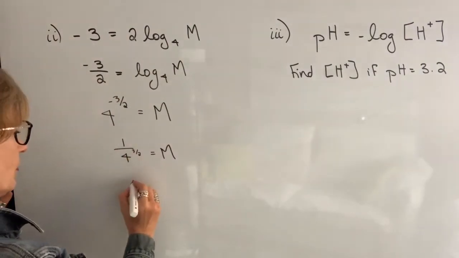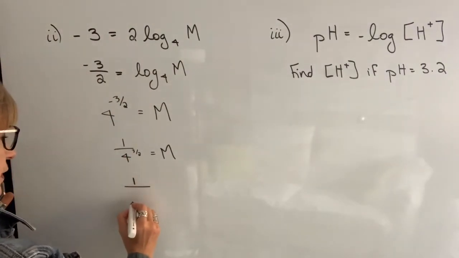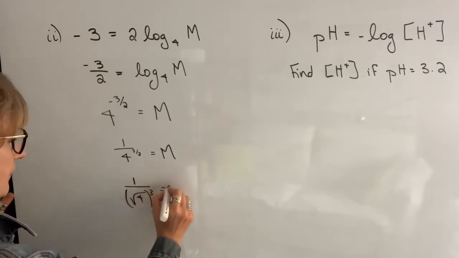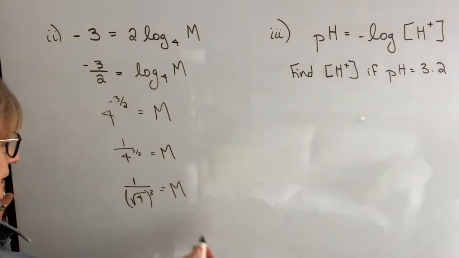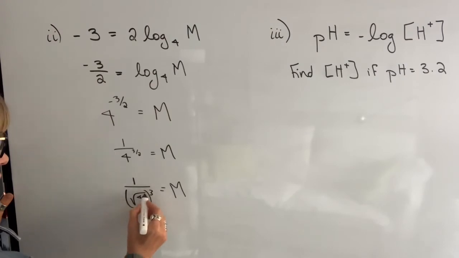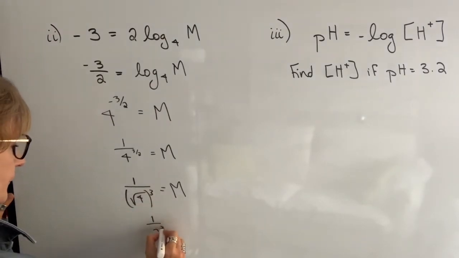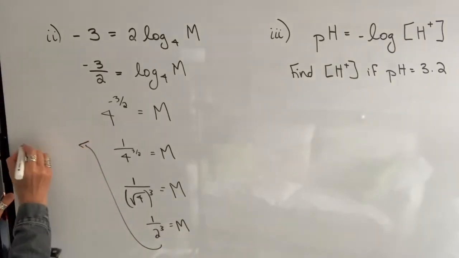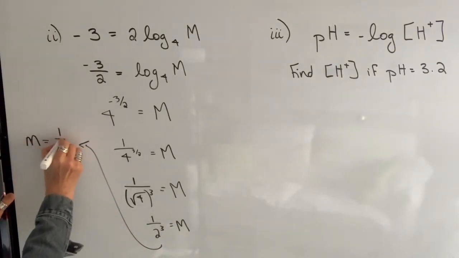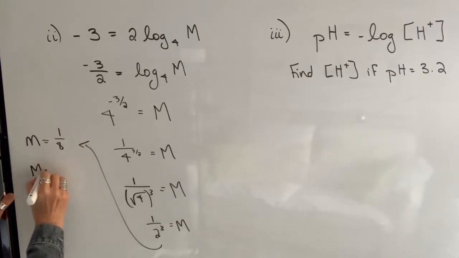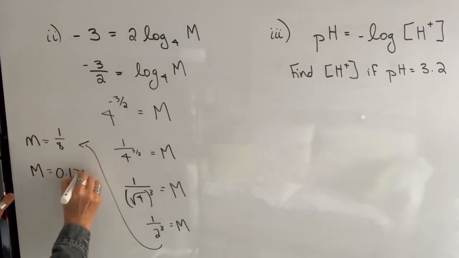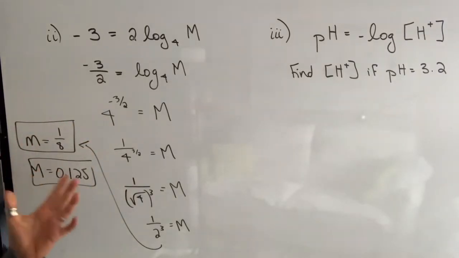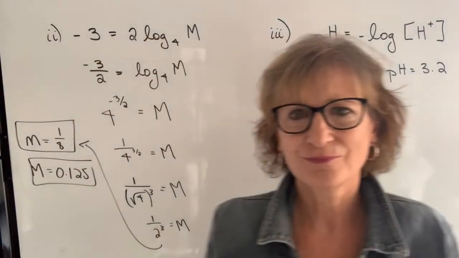Now this will be equal to square root of 4 cubed. Again, that's in that video on fractional exponents. Square root of 4 is 2 cubed. So m will equal 1/8, or if you did it on your calculator, you're going to get 0.125. Either answer, they're equivalent, so that's fine.